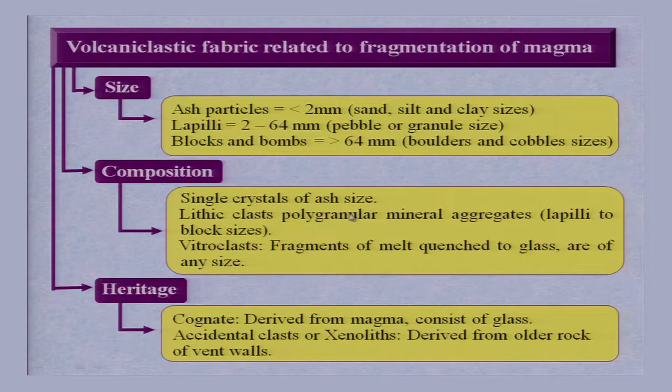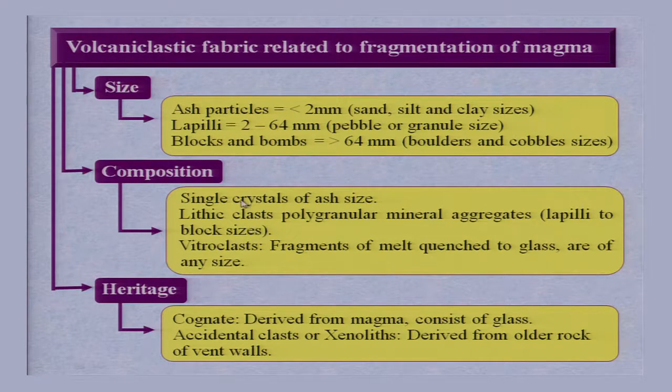Second basis of classification is composition. Single crystal of ash size, lithic clast, polygranular mineral aggregates, when more than one mineral grain is clubbed together and forms an aggregate. Lapilli to block size: the lapilli size is also there and block size particle is also there. So, definitely their composition is of different type.